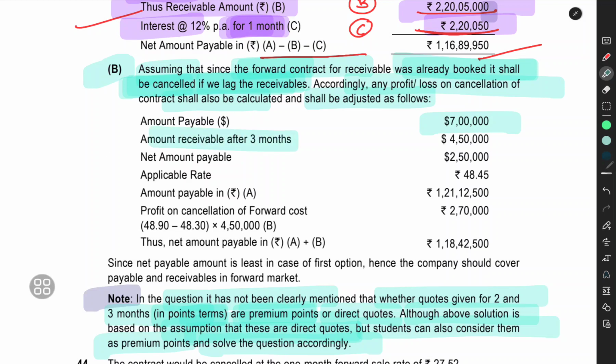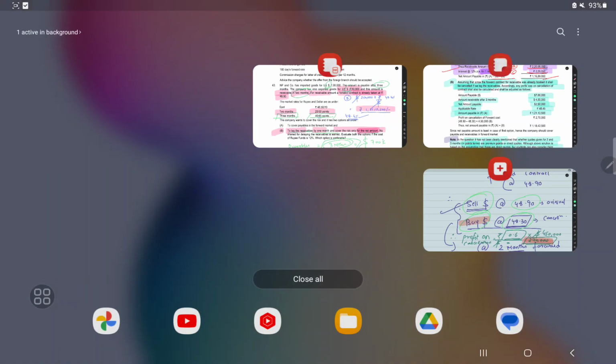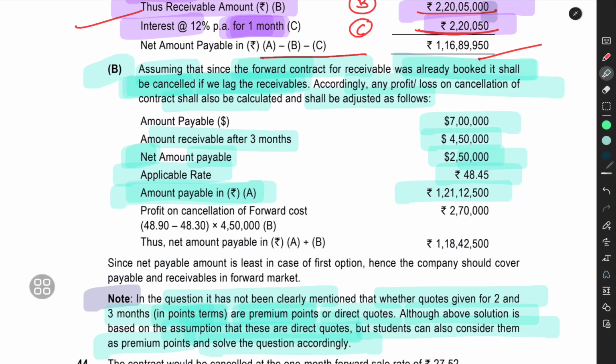Amount receivable after 3 months is 4,50,000. Initially, it was after 2 months, but now since we've lagged the receivable by 1 month, the amount receivable is also after 3 months. So hence we get the net payable, which is 2,50,000. All these words are extremely important. Net payable. The applicable rate is 48.45. We calculated how, and we also had the rupee equivalent payable, 1 crore 21 lakh 12,500. We also calculated this.